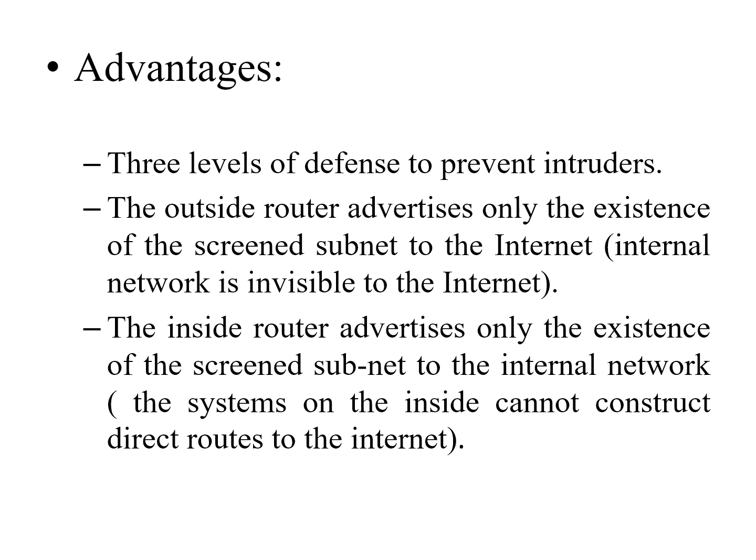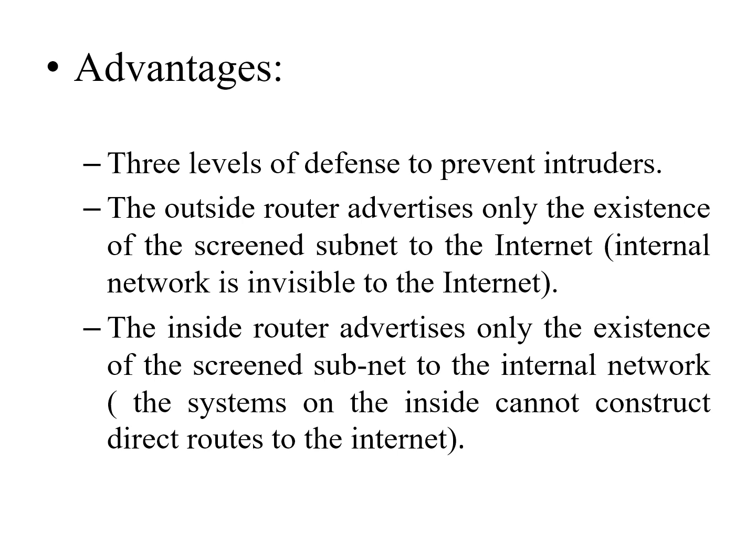These are some advantages: three levels of defense to protect against intruders. Outside router: the outside router, facing the internet, only lets the world know about the screened subnet. It keeps the internal network hidden so intruders can't see it.